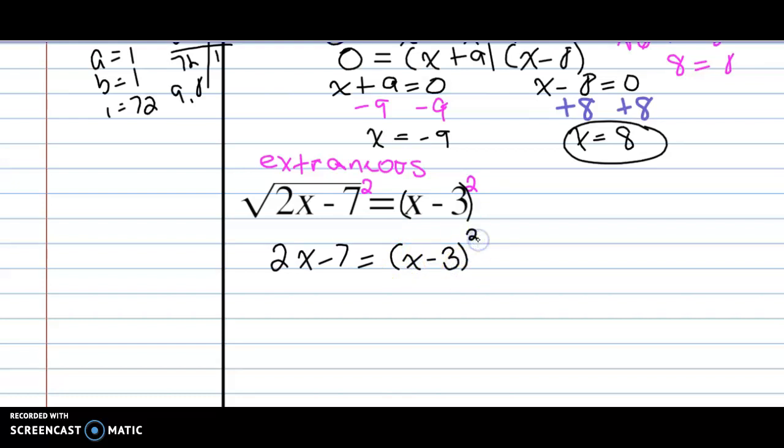And remember what we said from the one above. To make it easier, x minus 3, we square the first term, so it would be x squared. Multiply the first and second term, x times 3, which is 3x times 2, so that's 6x, so minus 6x. And then 3 squared is positive 9. Okay.